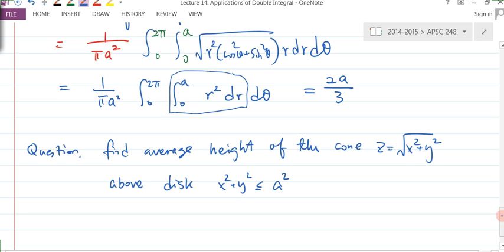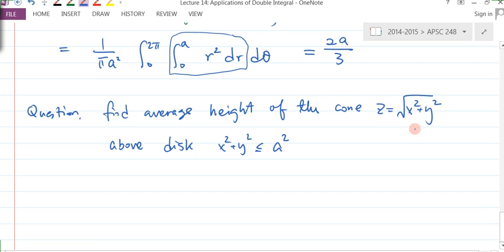Of course, in the triple integral we use this quite a bit. You might wonder why this is a cone. Well, yes, it is a cone. If you draw it out, this cone is basically like this. It's actually an inverted cone. Not inverted, it is a cone anyway.